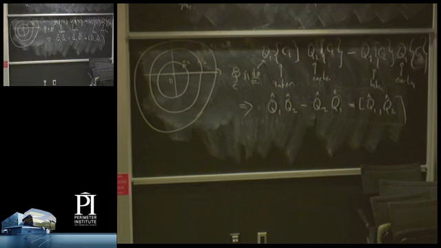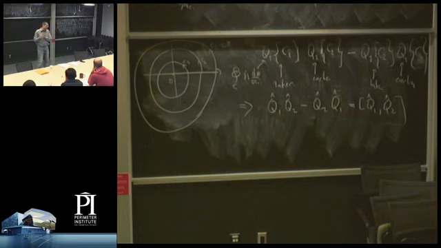Sorry, so I do have two charges, Q1 and Q2, but I have three contours. What is happening is that I play with contours in such a way that this combination ends up producing the commutator of charges.